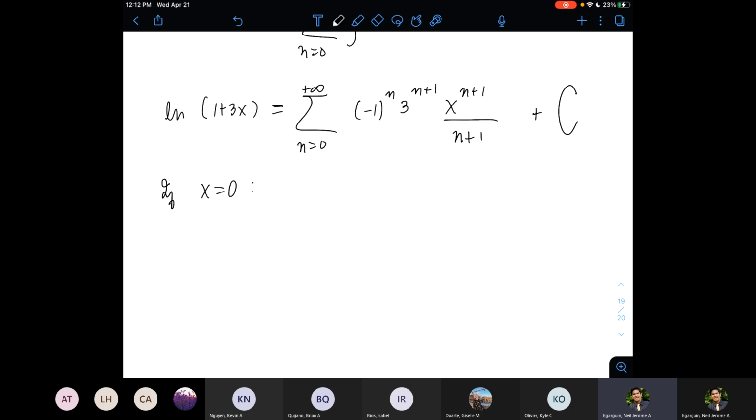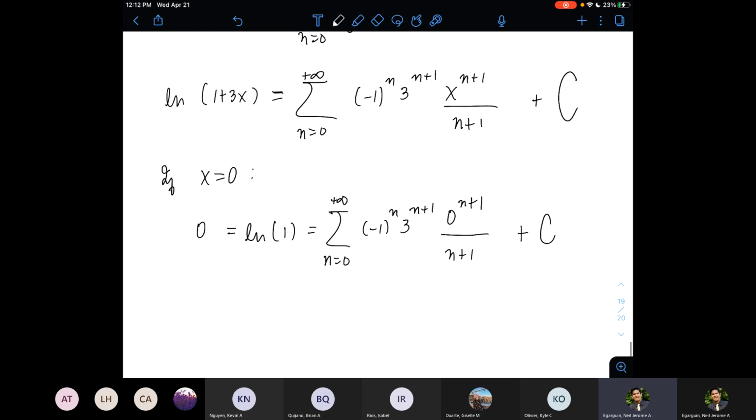When x is equal to 0, when I plug in 0, I'll have ln of 1, but ln of 1 is equal to 0. And since I substituted 0 here, I can also substitute 0 on the right-hand side. So I'll have the sum of negative 1 to the n, 3 to the power n plus 1, 0 to the n plus 1, all over n plus 1, plus the arbitrary constant right outside the summation.